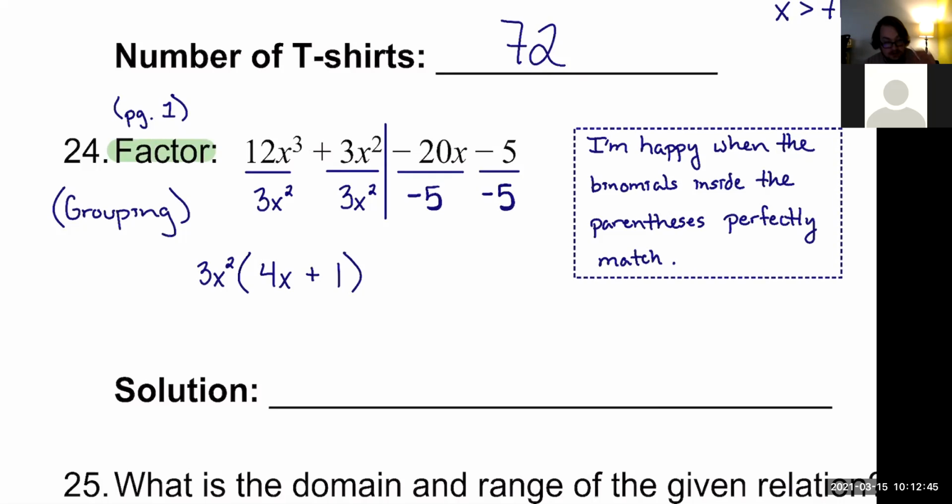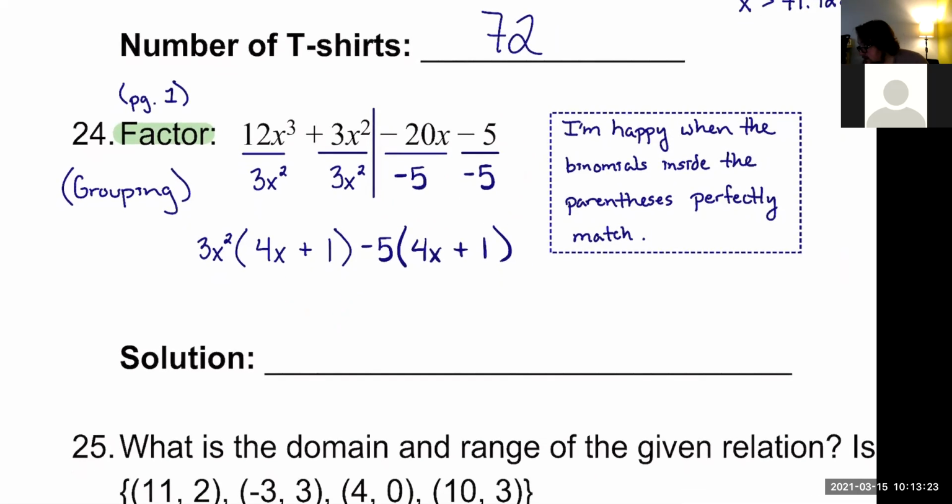Okay, so to summarize, just so anyone who watches this later, you kind of thought ahead, knowing that a negative divided by a negative in either of these terms would give me a positive result, which, looking ahead, if I want the binomials to match, I want them both to be positive. So that is spot on. If we divide out a negative 5 from both terms, we should get a positive 4x and a positive 1 left inside.